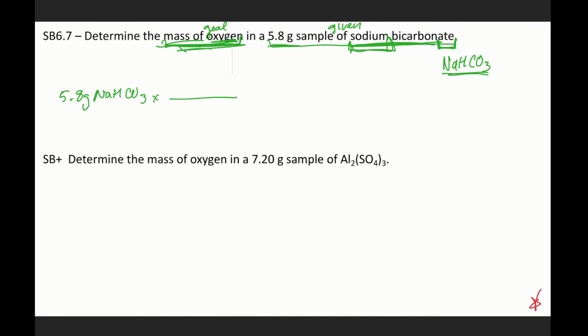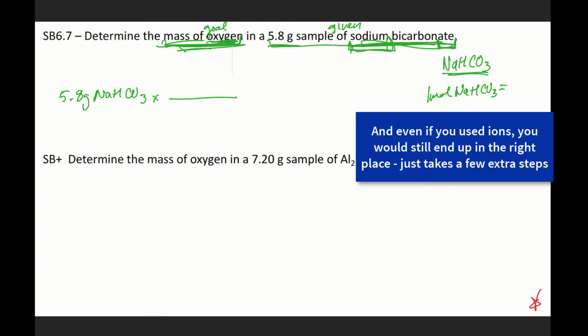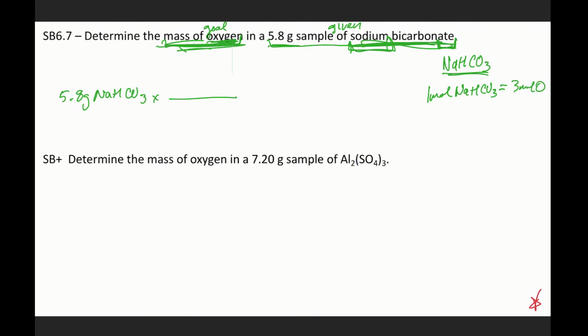Now, I need a relationship between oxygen and sodium bicarbonate. So thinking back to what we just did, I know that for every, let's use moles, every 1 mole of sodium bicarbonate, oftentimes if you don't know where else to go, moles are usually a good place, equal 3 moles of oxygen. That's a relationship that this formula gives us. I can't use that until I get to moles, which means what do I need to convert to here?